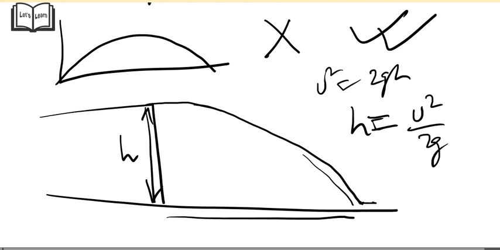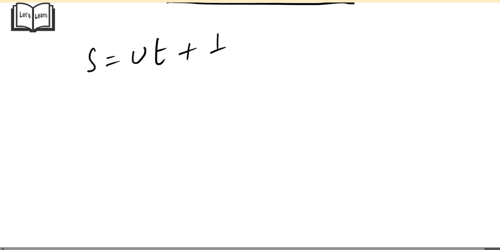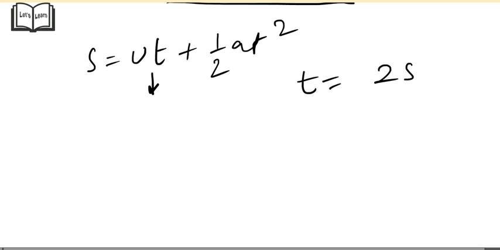Okay, so you can find the formula. Also you can use s equal to ut plus half at square. So if the initial velocity is 0, then t is equal to square root of 2s by a, here it is g.